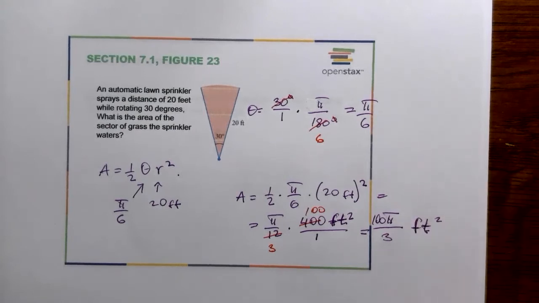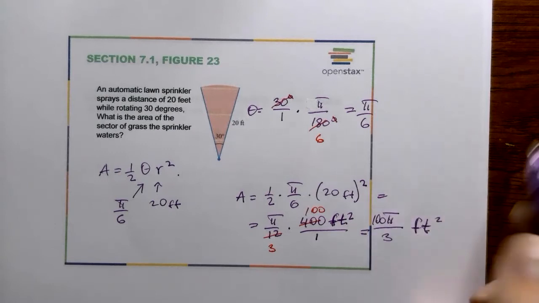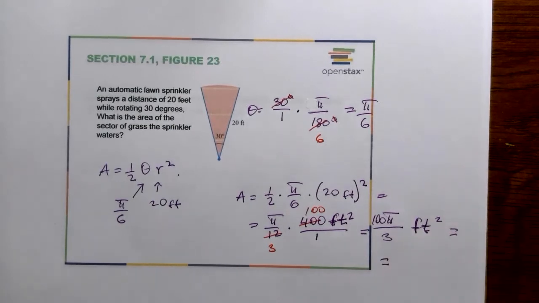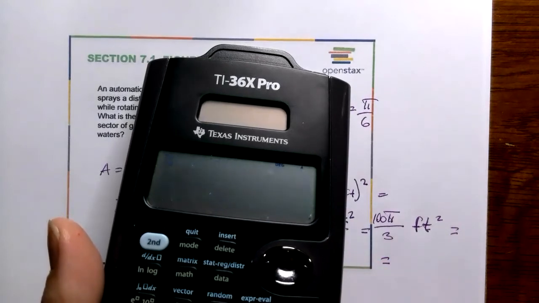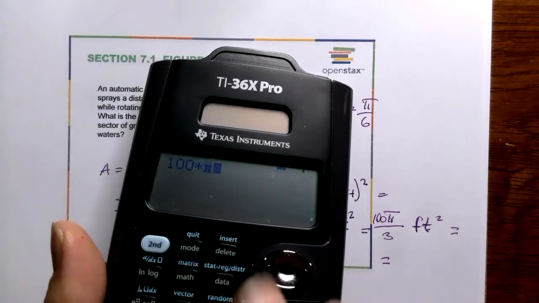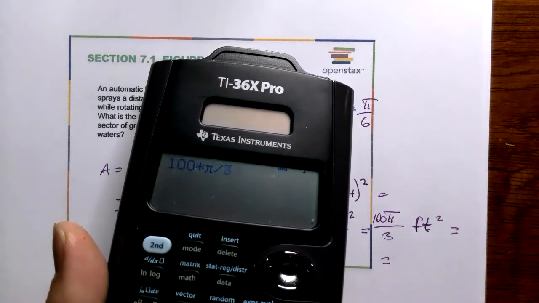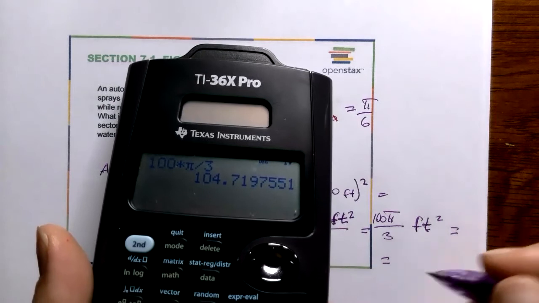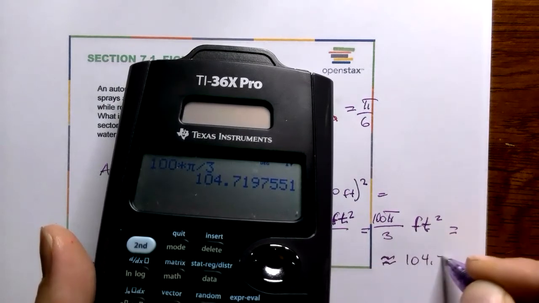Now, this is an exact answer, right? But if we want a decimal approximation, we're going to put it into a calculator. 100 times pi divided by 3, that's about 104.7.